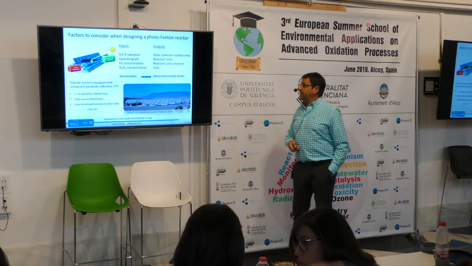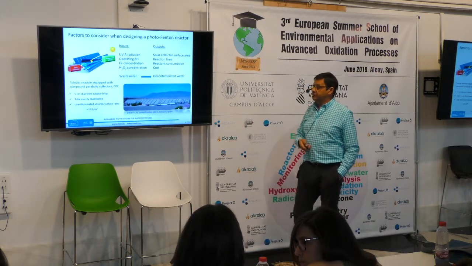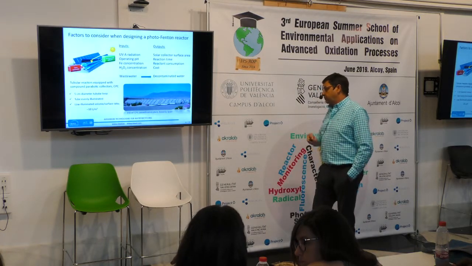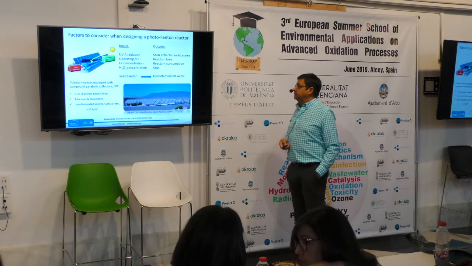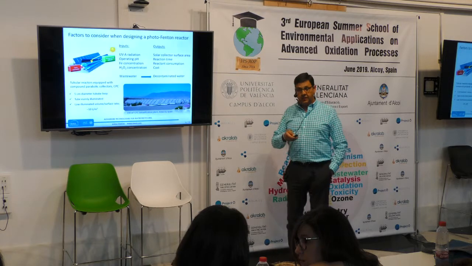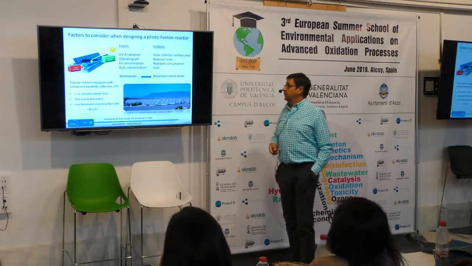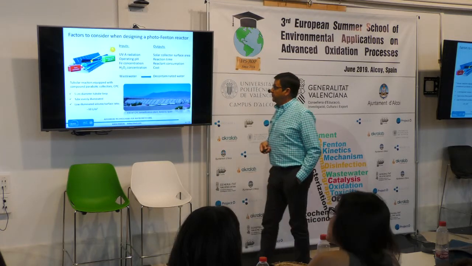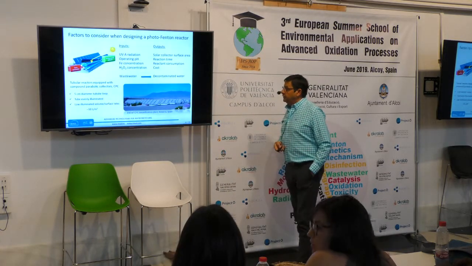Now, let's pay attention to some factors to consider when designing a photo-Fenton reactor in this case. First, the inputs. So, what is needed before the design? Of course, the availability of radiation. Then, the operating pH.